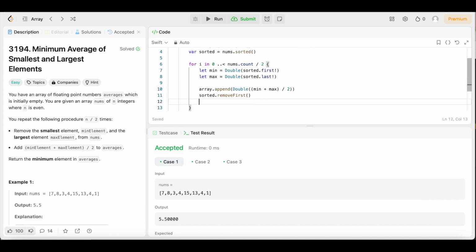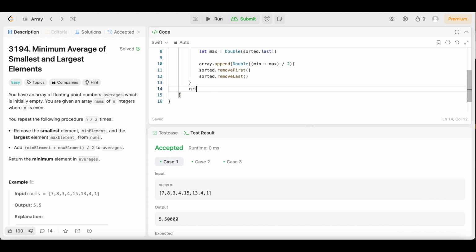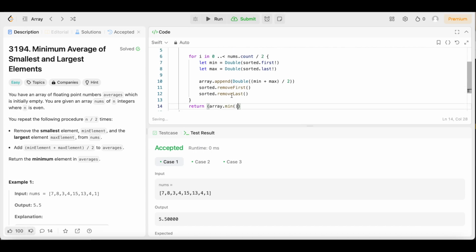Then we're going to come down here and say sorted dot remove last, parentheses. Then we're just going to come down here and say return. What are we returning? Oh, we're returning, open up the parentheses, array dot min, put 2 more parentheses. And that should be it, y'all.